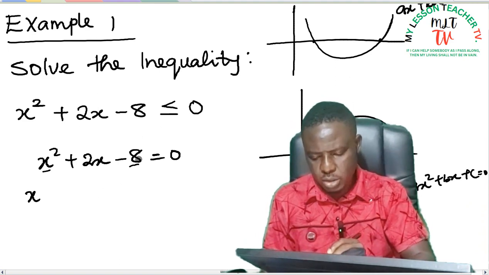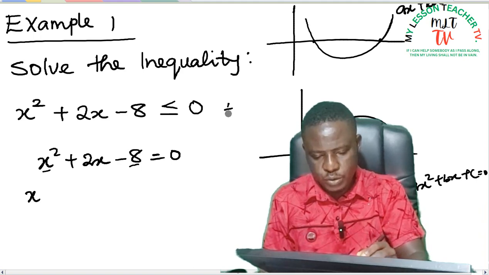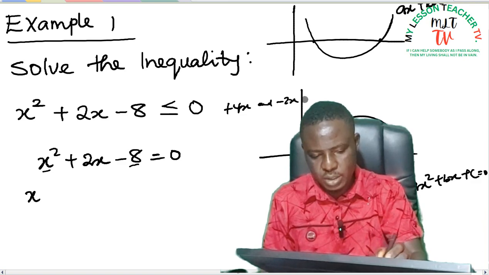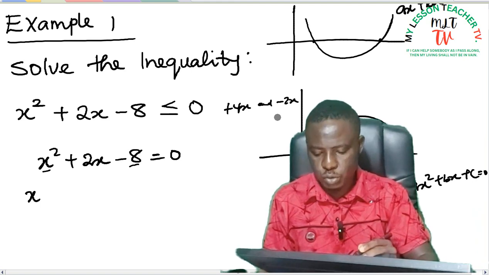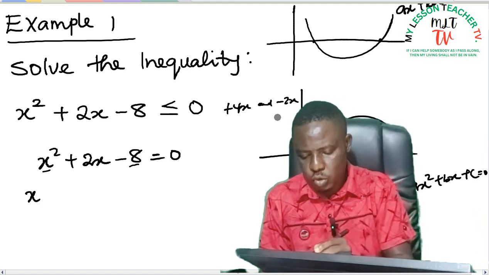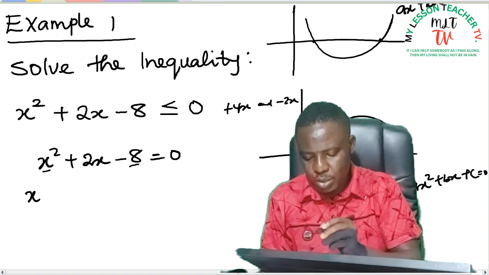And that should be plus 4x and minus 2x. So when you multiply this together, it gives you minus 8x squared. And when you add them together, it gives you plus 2x.